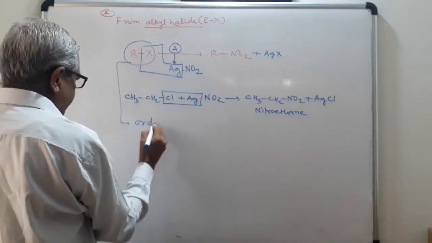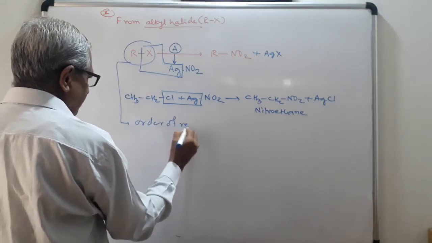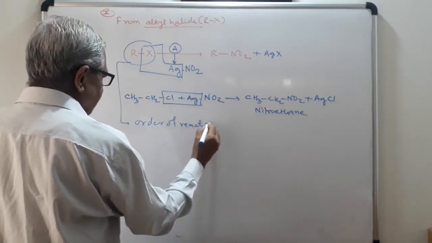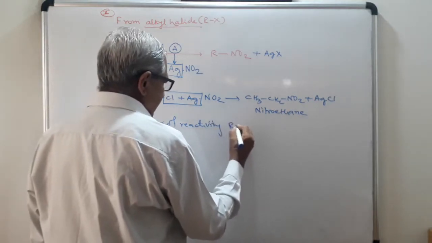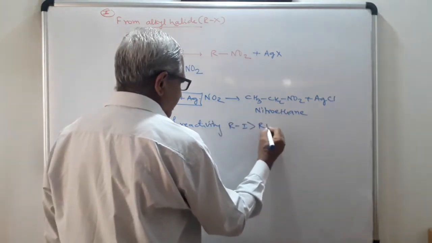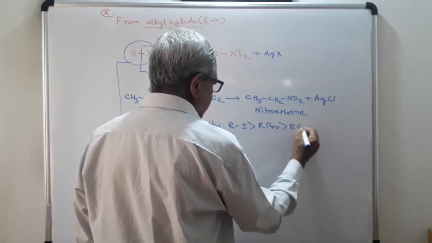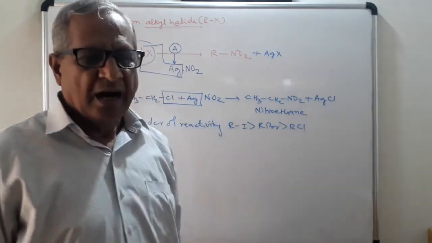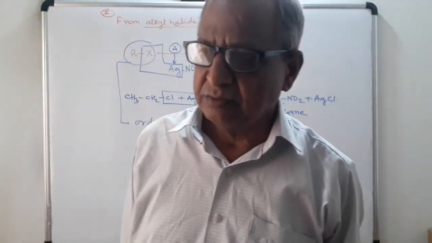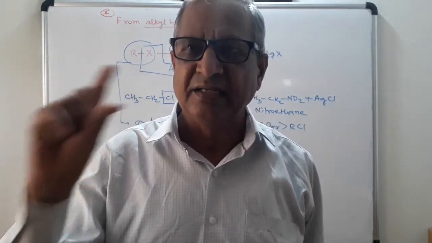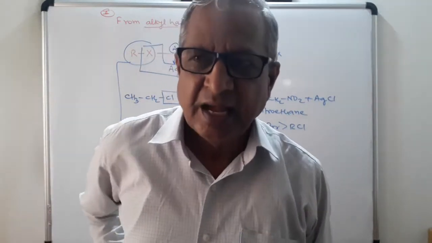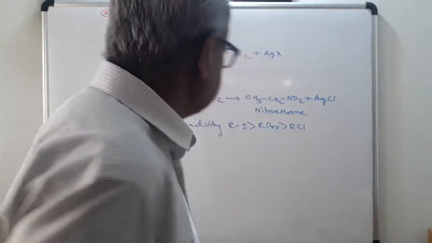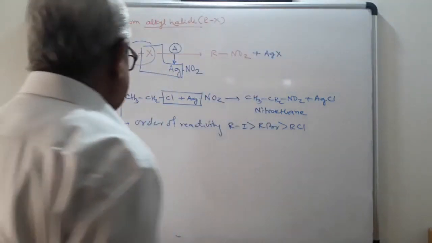Order of reactivity of this reaction is RI is greater than RBr is greater than RCl, because RI is highly reactive. As the atomic size of the halide increases, bond length increases, bond strength decreases, and reactivity increases. So this is the important point here.